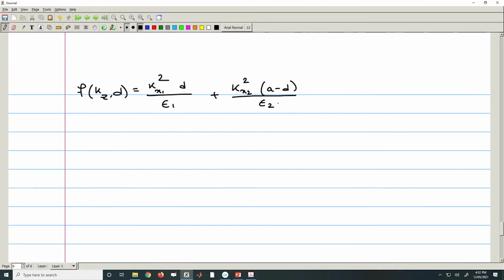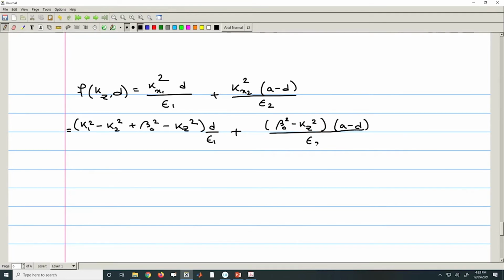In place of kx1 square, we write k1 square minus k2 square plus beta naught square minus kz square, times d upon epsilon 1, plus, in place of kx2 square, beta naught square minus kz square from equation number 8, times (a minus d) upon epsilon 2.